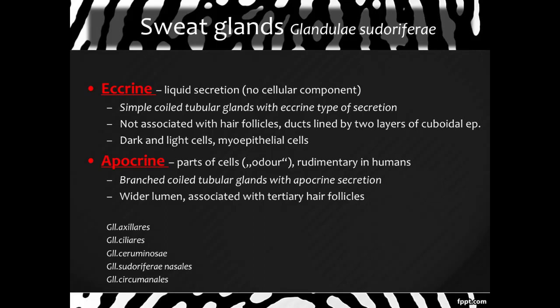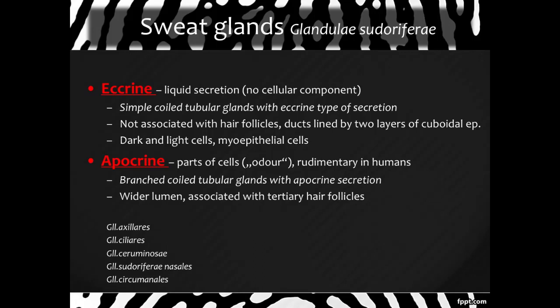Sweat glands can be divided into eccrine, as I mentioned, and the sudoriferous glands, the apocrine glands, which is a kind of misnomer because, as I mentioned, now we know that these glands also have eccrine production. And eccrine glands have a liquid secretion.